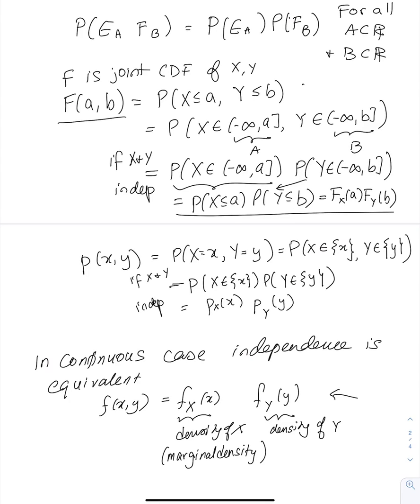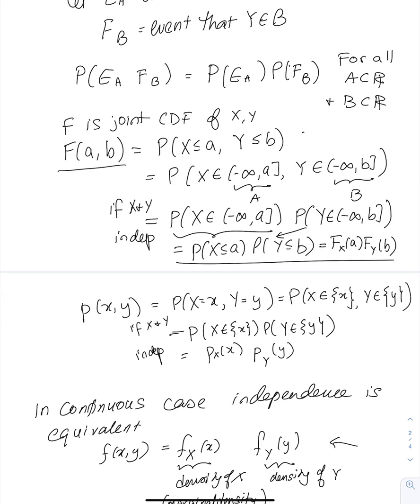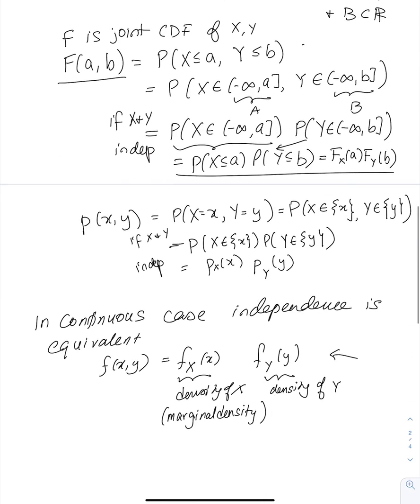If you have this, you can conclude that for all sets A and B, probability x in A intersect y in B is the probability x is in A times the probability y is in B. And you could also conclude this exact statement. These are all equivalent. Okay, so before we've looked at independence as probability of intersection of events.